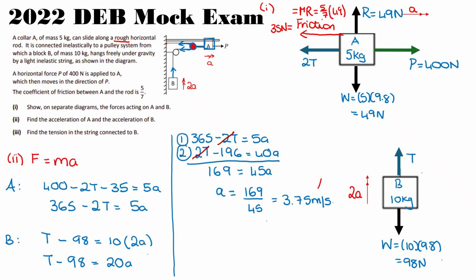That is the acceleration of A. The acceleration of B, remember, is 2A, which is going to be 2 times that, which gives us 7.5 meters per second. And sorry, both of those then should be squared.